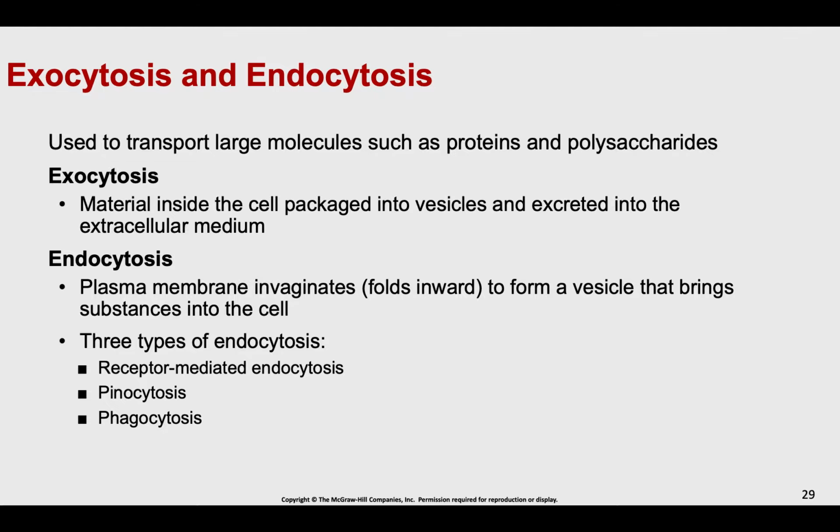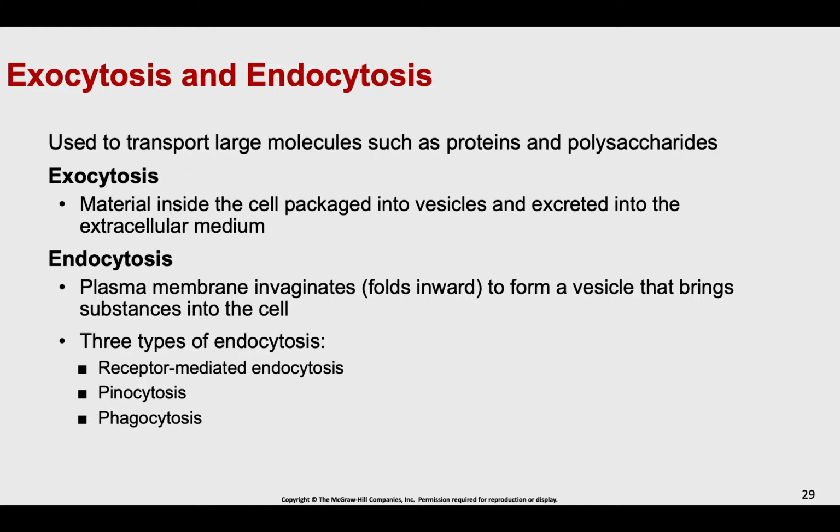Right, so we can transport it into the cell, or outside the cell via exocytosis. So material inside the cell is packaged into a vesicle. Remember we talked about vesicles when we talked about transport between the organelles like the Golgi apparatus. And it can be excreted into the extracellular medium outside of the plasma membrane.